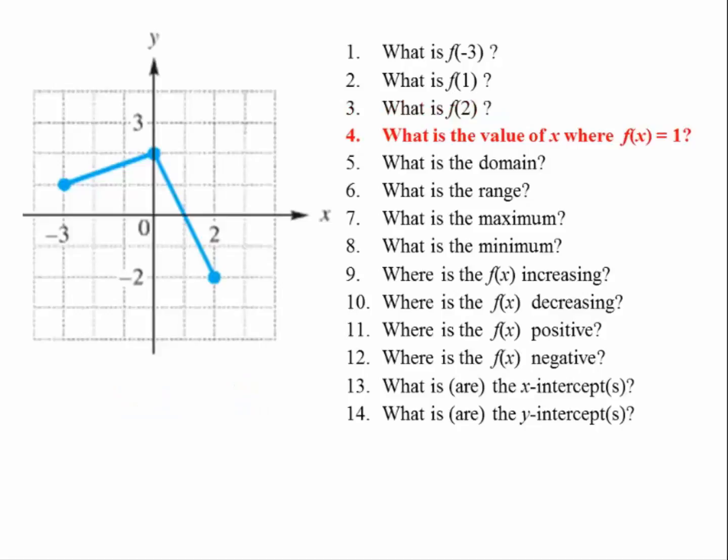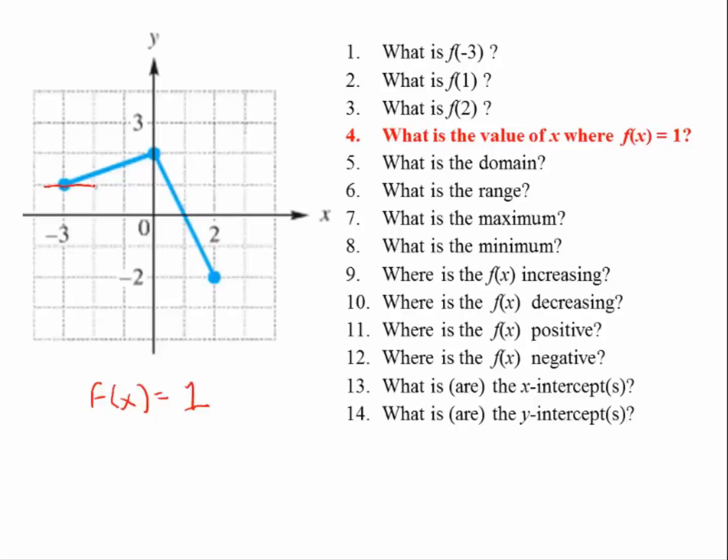What is the value of x when f of x equals 1? For this problem, f of x is equal to 1. So this is saying the y value is 1, and we want to know what is the ordered pair or pairs where y is 1. We need to find those x's. We go to the y-axis and look for 1.